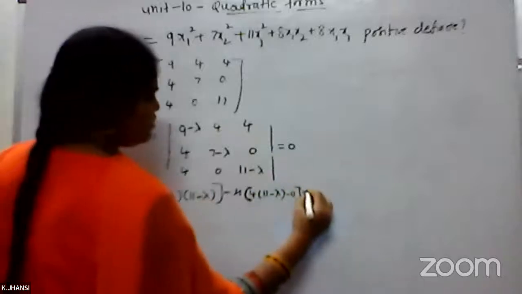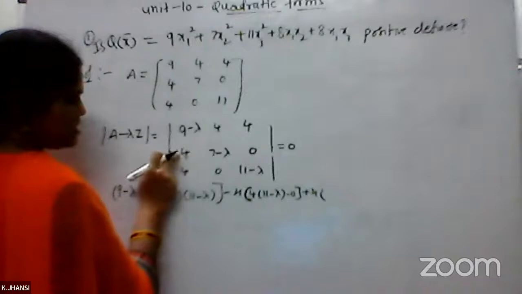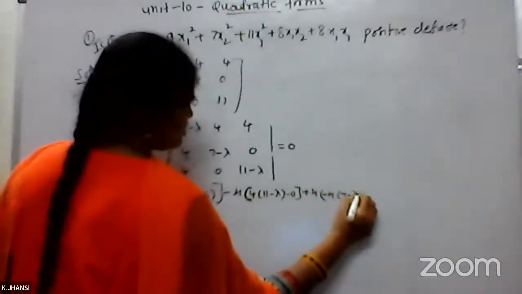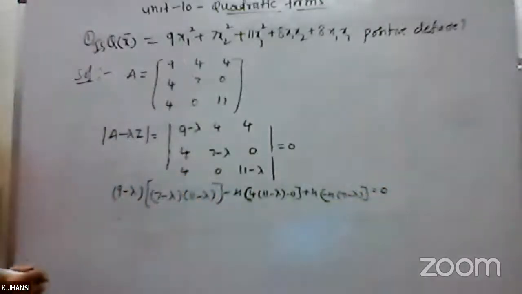Next plus 4 into, eliminating this column and this row, minus 4 into 7 minus lambda, and you equate it to 0.